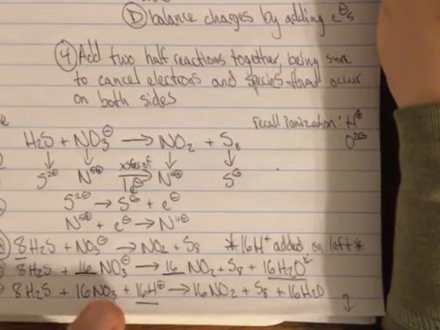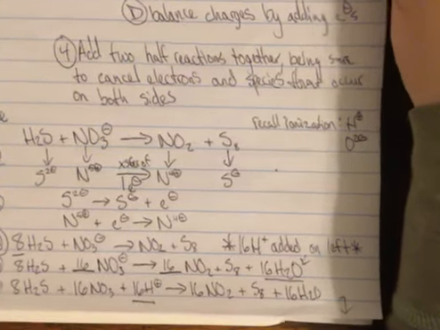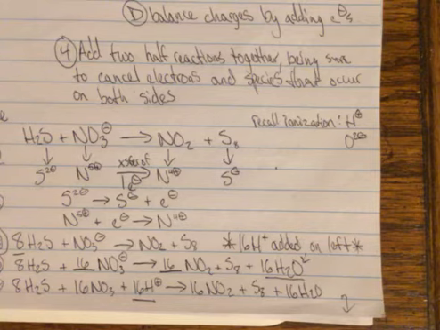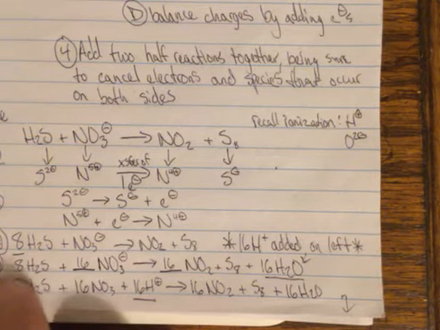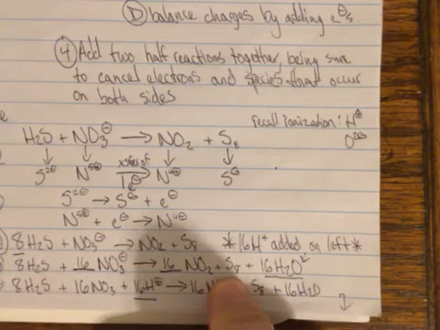Notice how we need to go 1 to 1 in terms of how many electrons we transfer over. Okay, so notice how if you have 8 equivalents here, we have 8 equivalents of sulfur, 8 equivalents of sulfur.